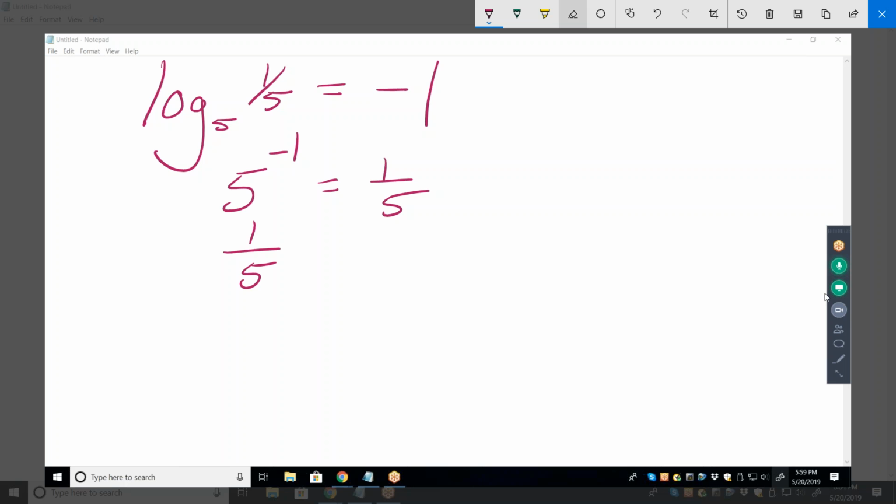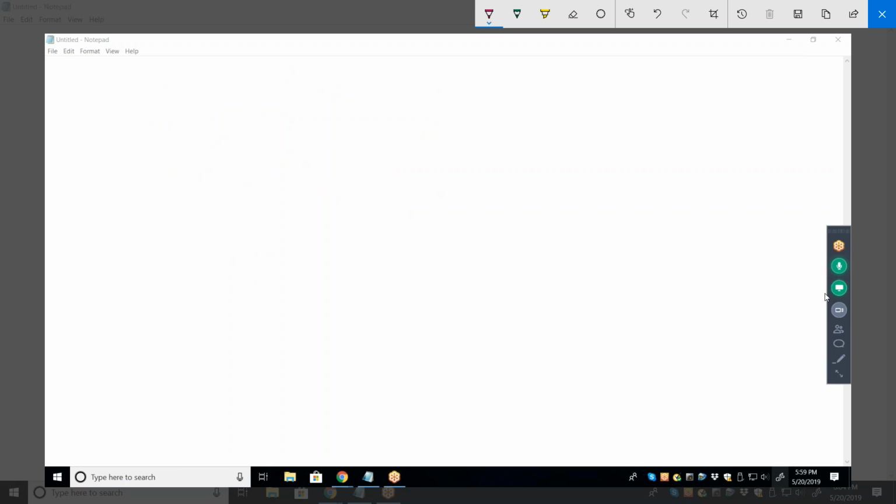Okay. What else? I don't really remember natural log. Okay, natural log is just a different base. Instead of base 5, it's base e. It is the most common log.